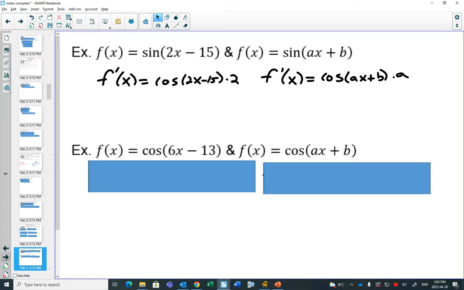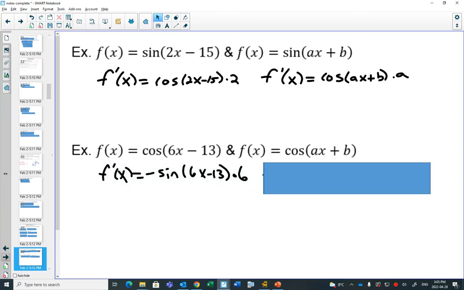And one more. The derivative of cos is negative sine. Keep the inside the same, and then you have to multiply by the derivative of the inside function.